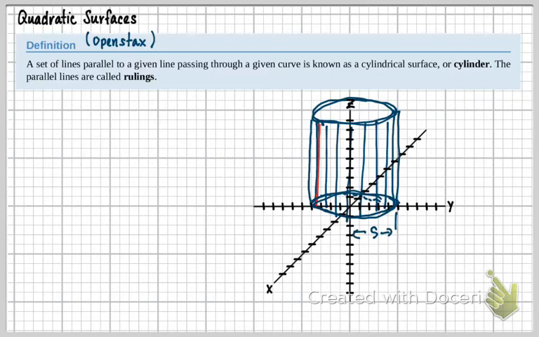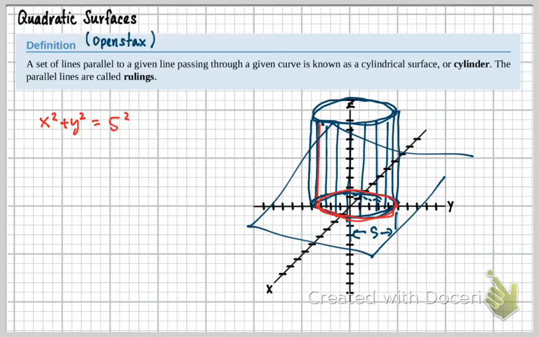So I'm going to put that in there. So now the equation for this thing, think about what it would be. If I flip this thing sideways and just looked at the XY plane, and in general, if I'm dealing with a circle of radius 5, if I'm just looking at this piece right here, then I would say that that's x squared plus y squared equals 5 squared.